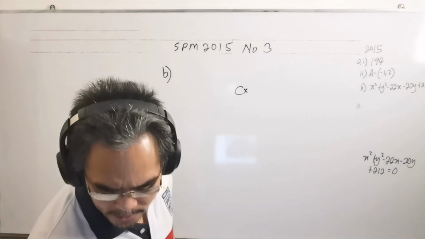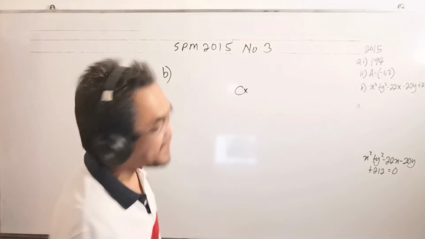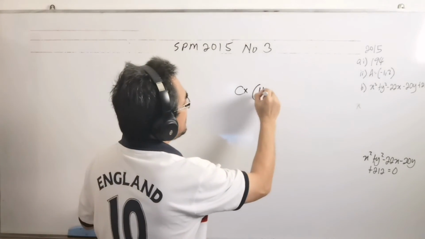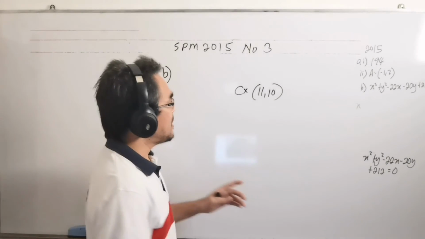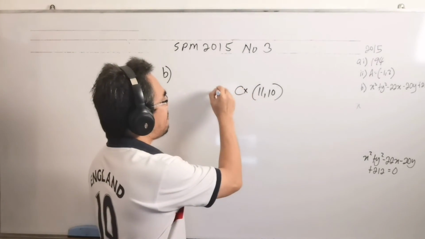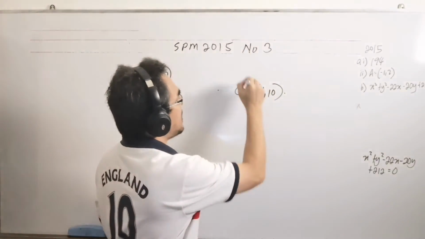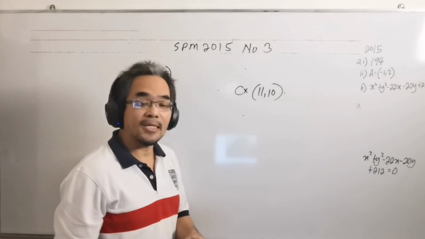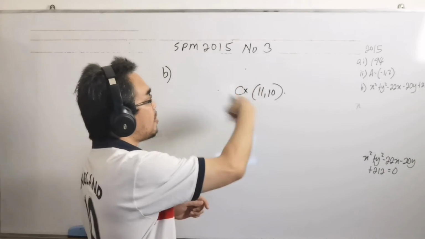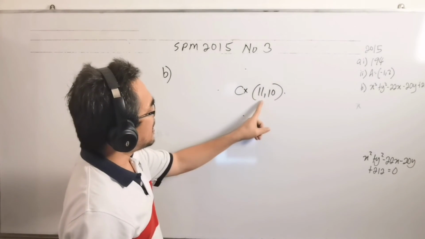The coordinate is 11, 10. So we just imagine 3 units to the left, 3 units to the right, 3 units above and below here. So it will create actually a circle, connecting all the coordinates.